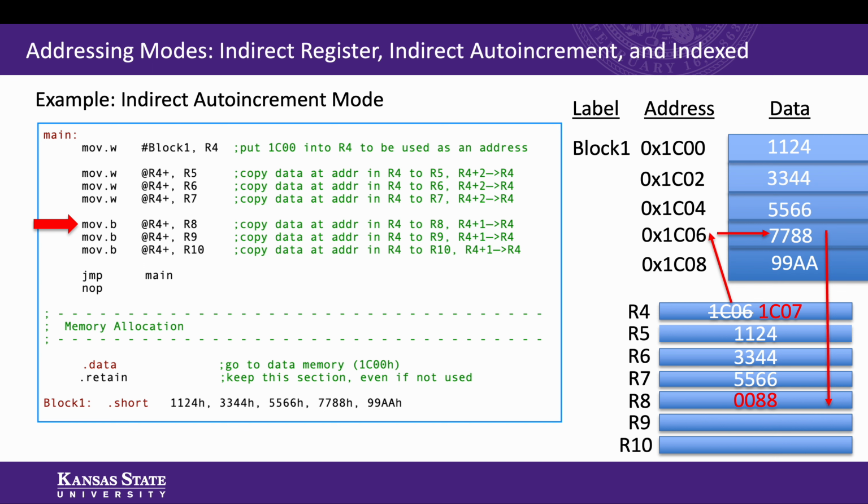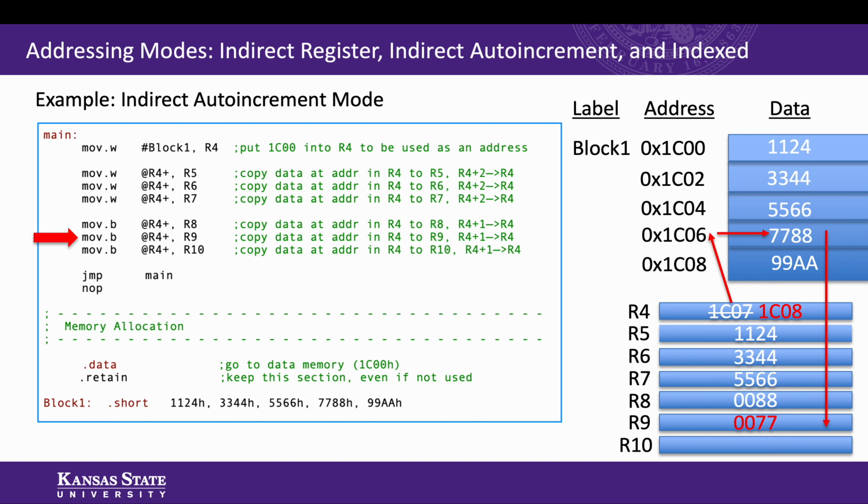And so we move 0088 into register R8, as we show here to the right. Because we operated on a byte, we only increment the contents of R4 by 1, making it 1C07.